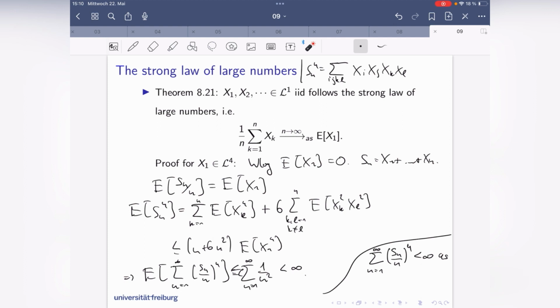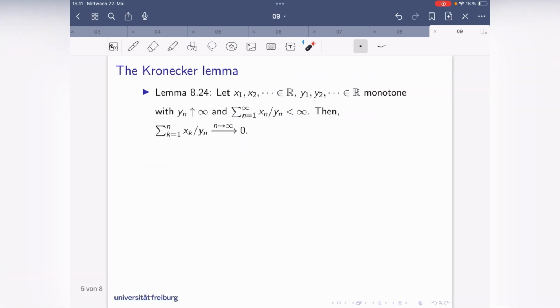So we now already proved the strong law of large numbers for variables with 4 moments. But I still want to also do it with 2 moments. And I need one lemma from probability theory, the Kronecker lemma. Here I have x real numbers, y a monotone sequence going to infinity, and I know that xn divided by yn is summable.